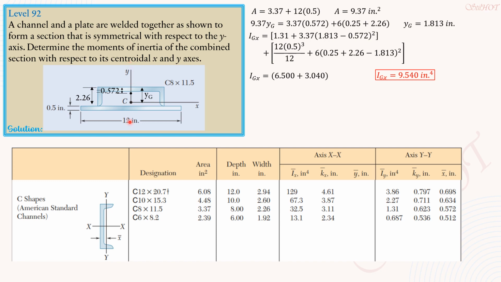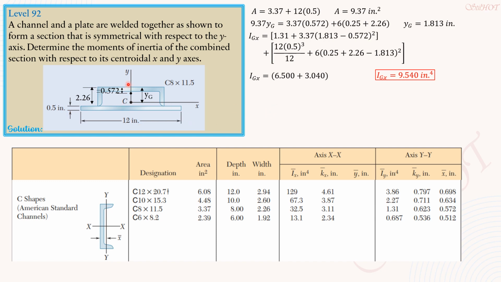Likewise, for Iy or Igy, for the channel, it is just Ix because this is the x-axis. You look at the orientation, Ix plus I bar x of the plate, which is equal to 12 cubed times 0.5 over 12.